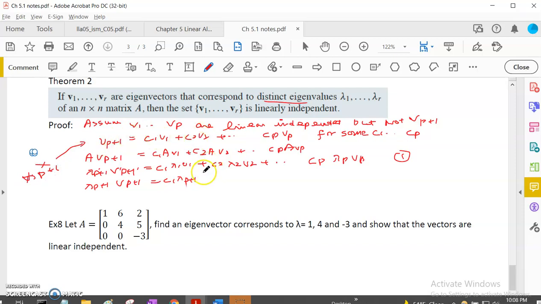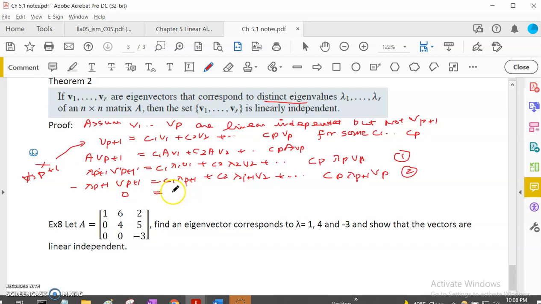So every single one will be C2 lambda p plus 1 V2, all the way to Cp lambda p plus 1 Vp. This is the second equation. If I subtract them, this would be 0, right?